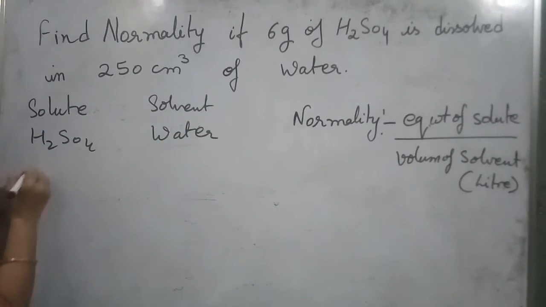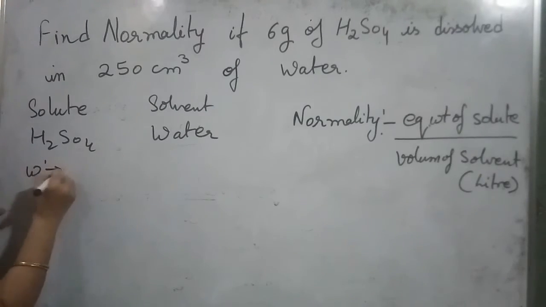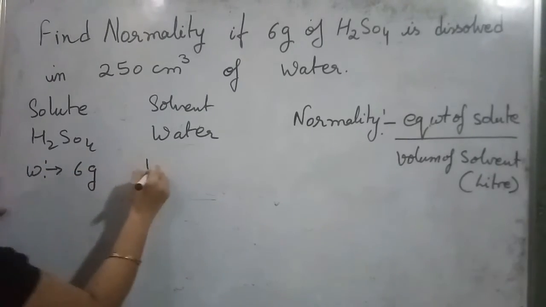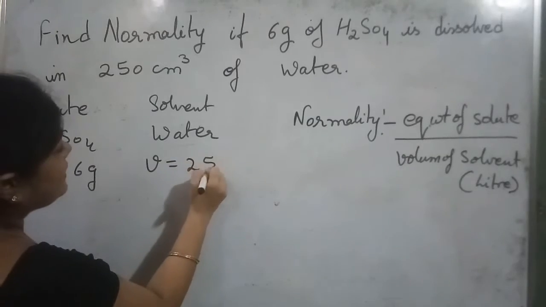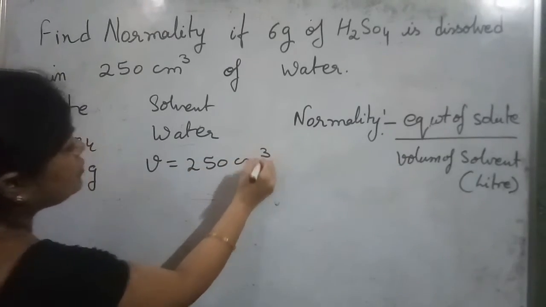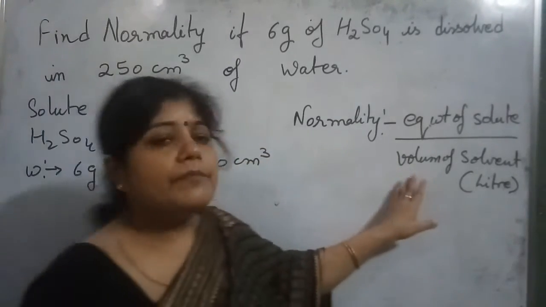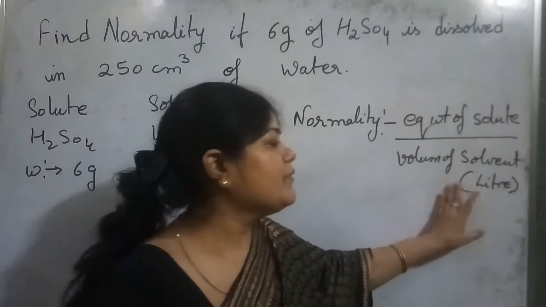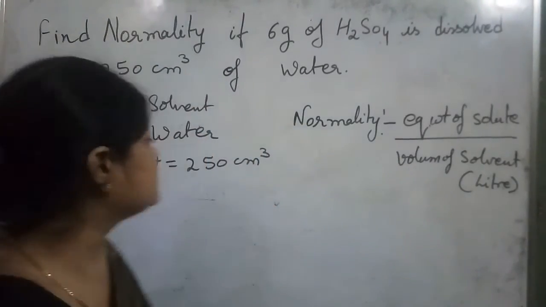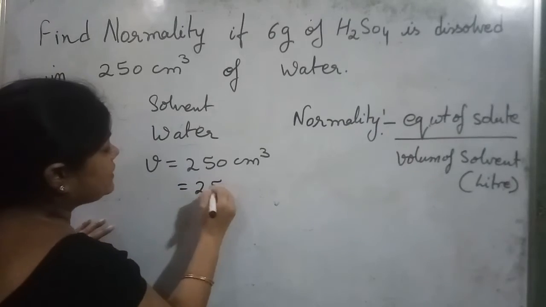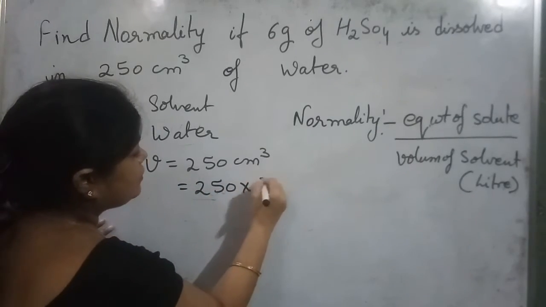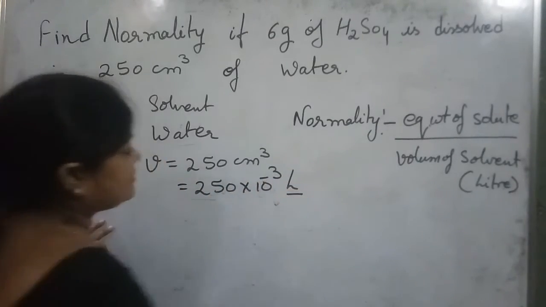Now the weight in gram of sulfuric acid is 6 gram and the volume of the water taken is 250 centimeter cube. We must be careful that the volume of the solvent must be taken in liters. So just convert it into liters. We have 250 into 10 to the power minus 3 liters.